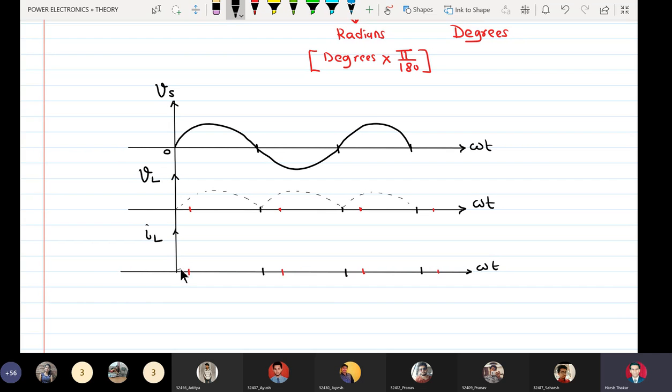Scaled down version, same nature as VL, but every value is divided by R, that is RL.